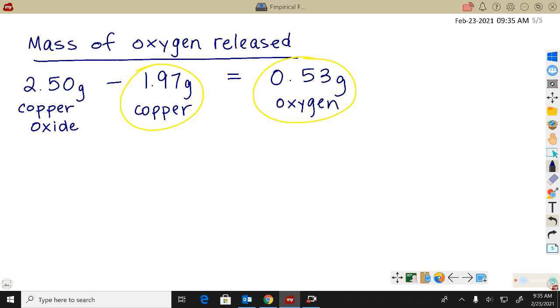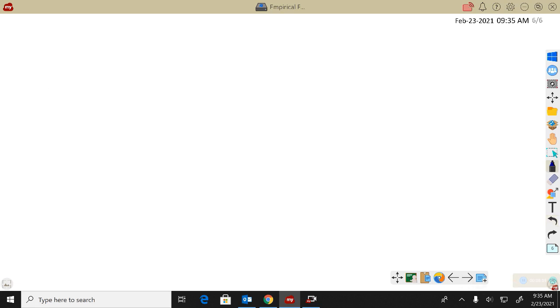But if I have grams, I could easily convert grams to moles. So we're going to do a little calculation. I'm going to set up a calculation to get moles of each element. We're going to convert grams to moles.